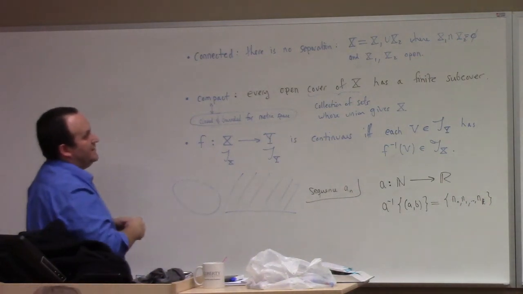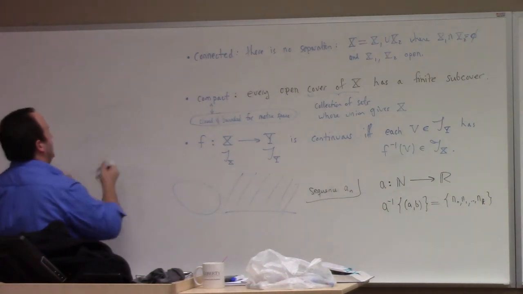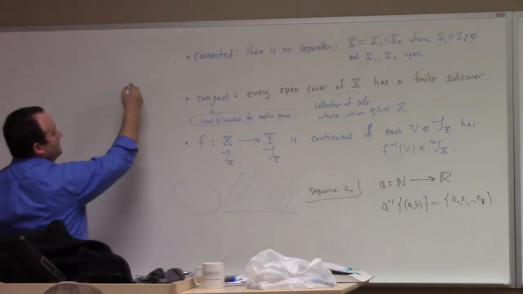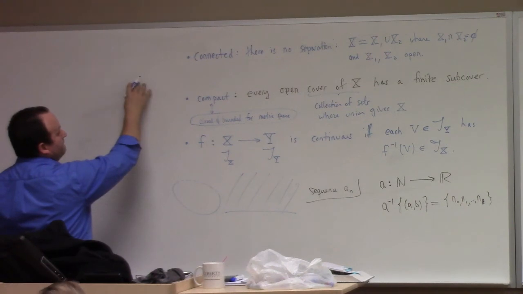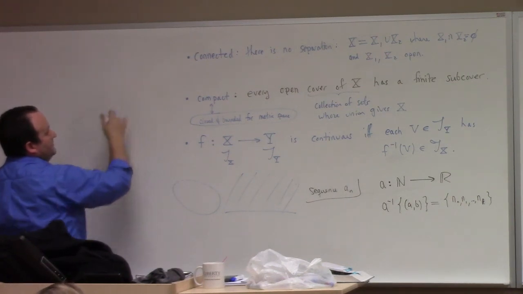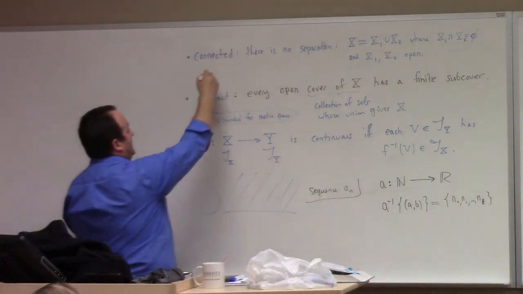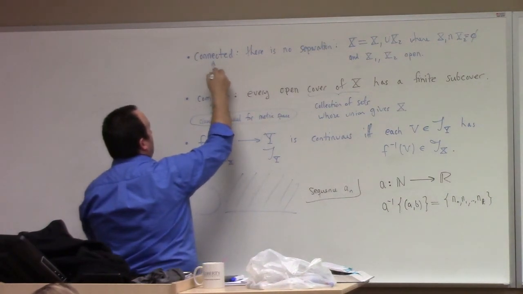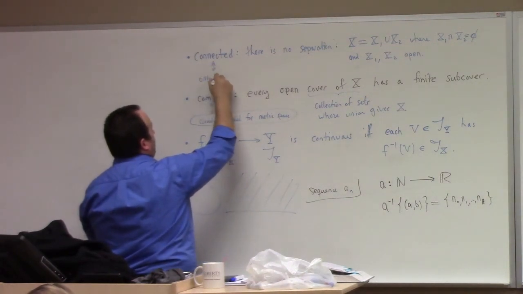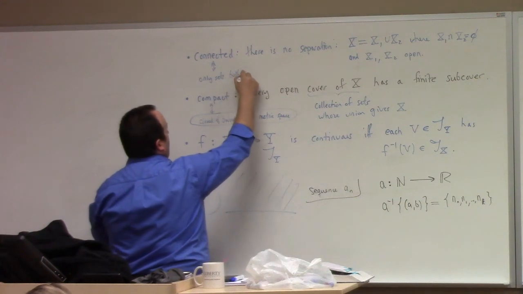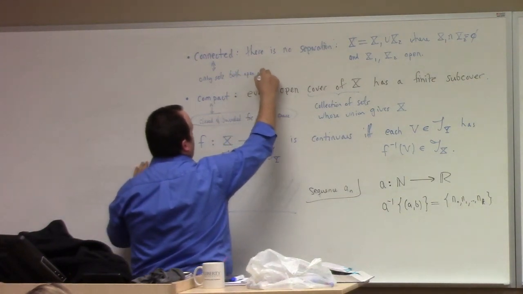So what does that mean in a connected space? A connected space, you could also say this is true if and only if the only sets both open and closed are what?